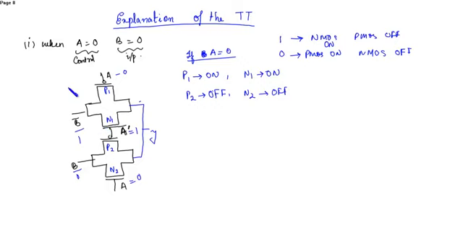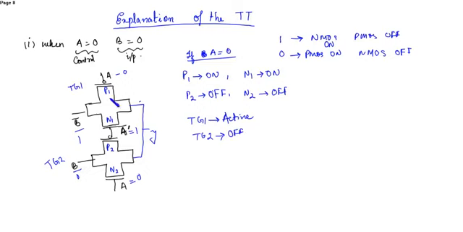The transmission gate 1, this is TG1, this is TG2. TG1 will turn on while TG2 will turn off. So here TG1 is active and TG2 is off.